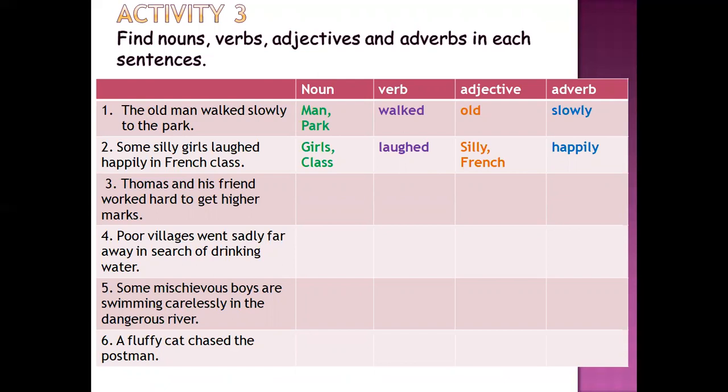So we can find two nouns here, man and park. And what is the verb in this sentence? That is walked. And the adjective is old and the adverb is slowly.